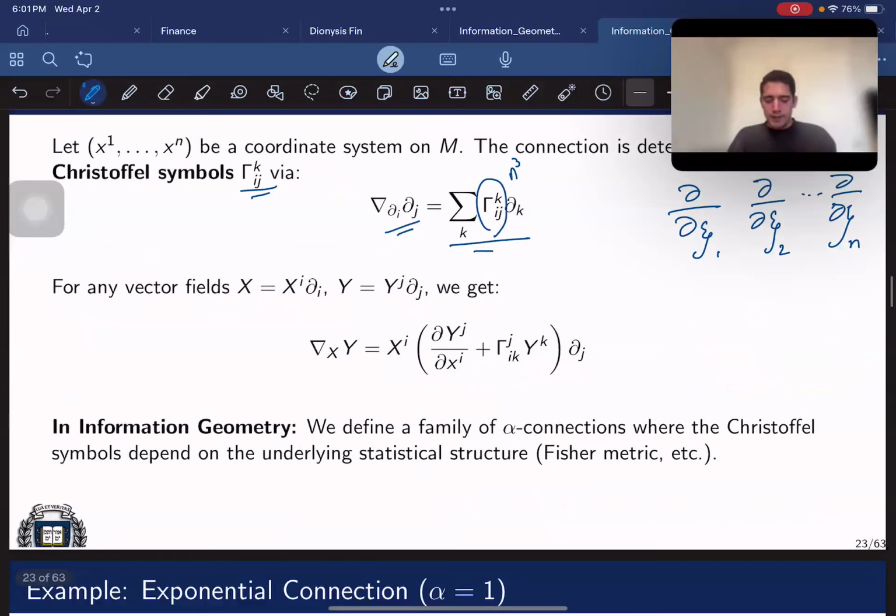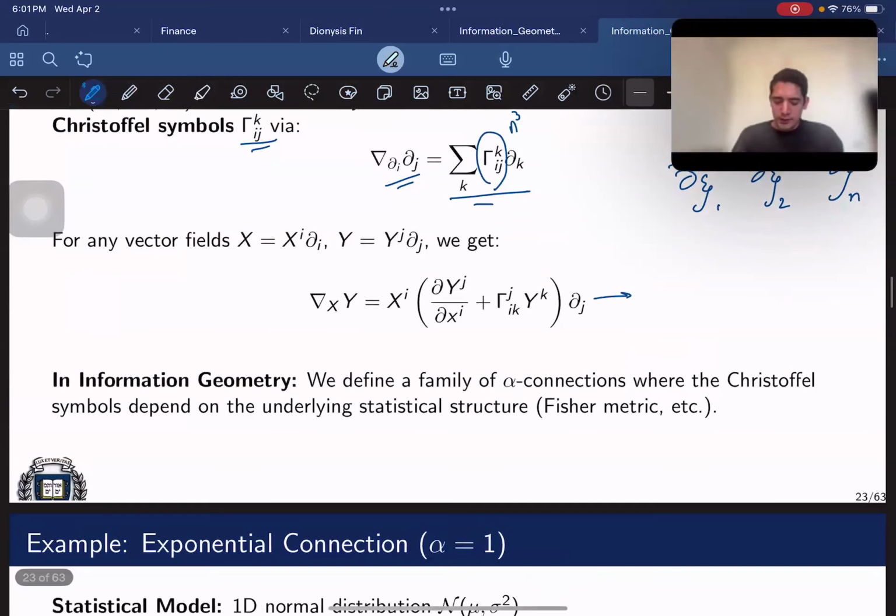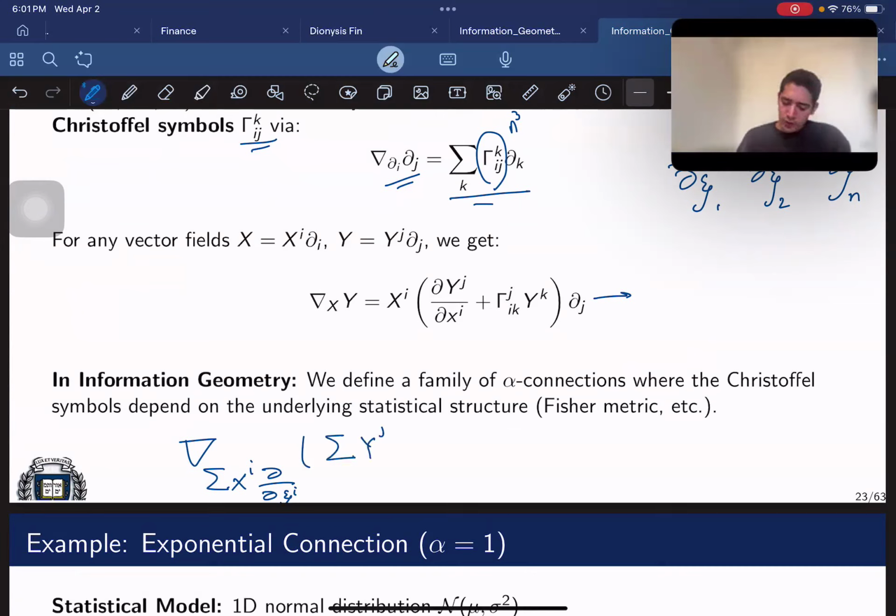And essentially, I will calculate how we came to this calculation. So x could be represented by summation xi ci, and then y could be represented by summation yj cj.